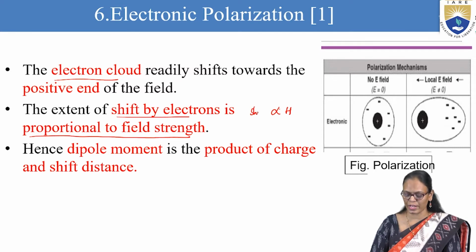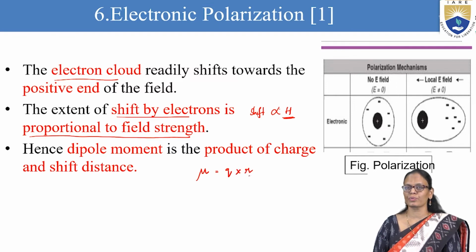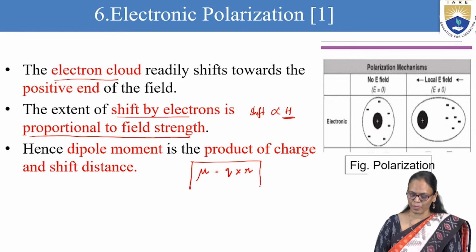H here is the applied field. The dipole moment is the product of charge and the shifting distance. If we represent the dipole moment by mu, mu is equal to Q into R, the product of charge and the separation between the charges. Whatever shift has occurred, we write it as R.